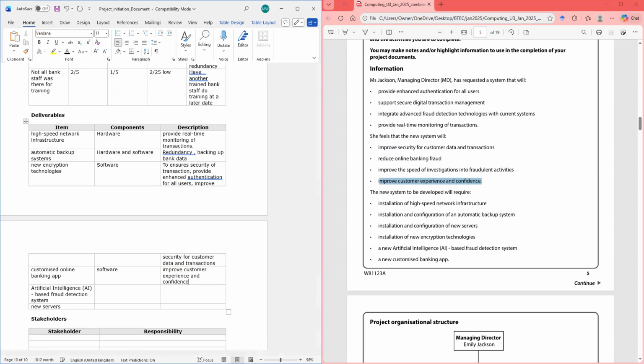And also, okay, this one, encryption and technology, improve security for customer data and transaction. Okay, we did that. Fraud detection. And this would be software again.